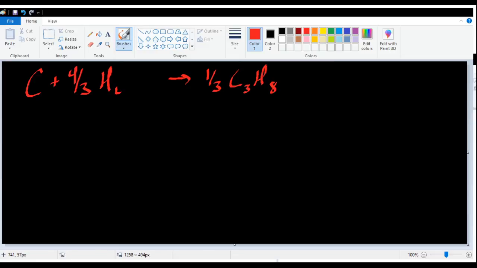It's okay to fudge the normally accepted rules in order to get where we're going. So when we flip the reaction and divide by 3, our new enthalpy is going to be negative 27.7. There we go.